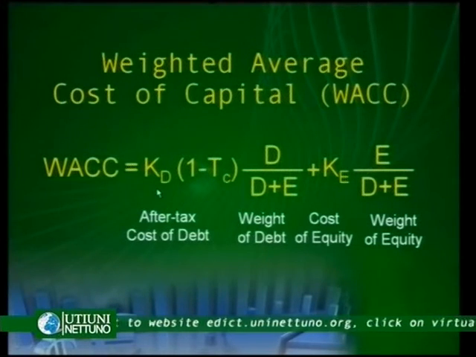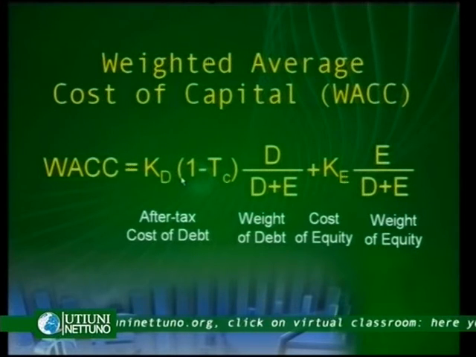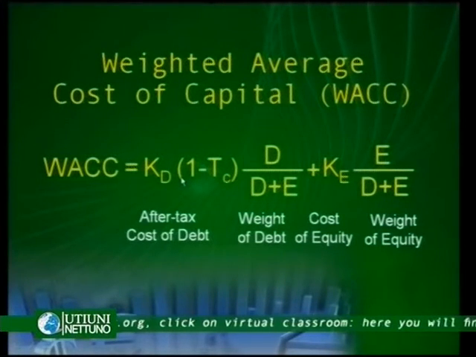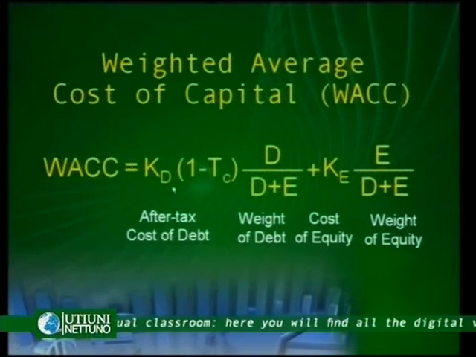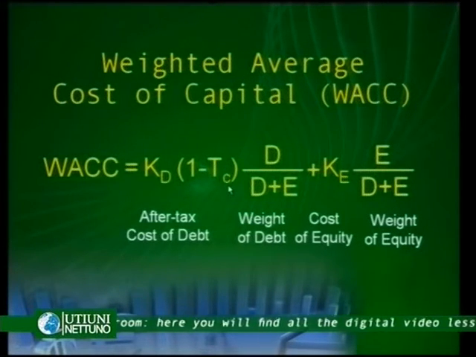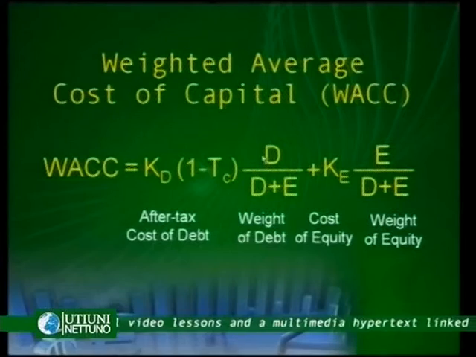So we have defined before the product between KD and 1 minus TC as the after-tax cost of debt. This after-tax cost of debt has to be multiplied by the weight of debt over the financial structure.